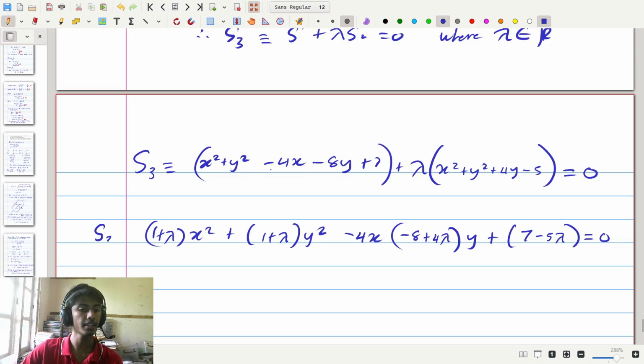So therefore s3 is given by this equation right here.